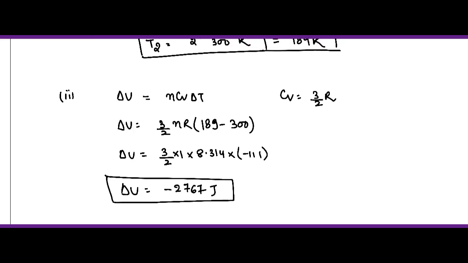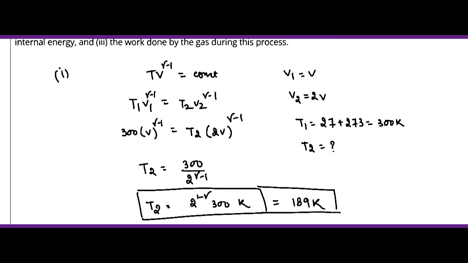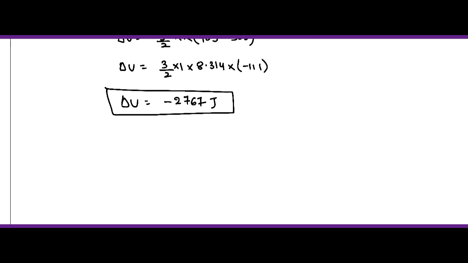And in the third part they are saying to calculate the work done by the gas. From the first law of thermodynamics we know that the heat given to the gas is equal to the change in internal energy plus work done.